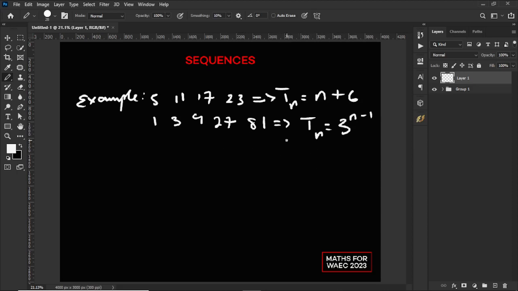So you can take this down and write, in general: the rule that works for a particular sequence may not work for another.